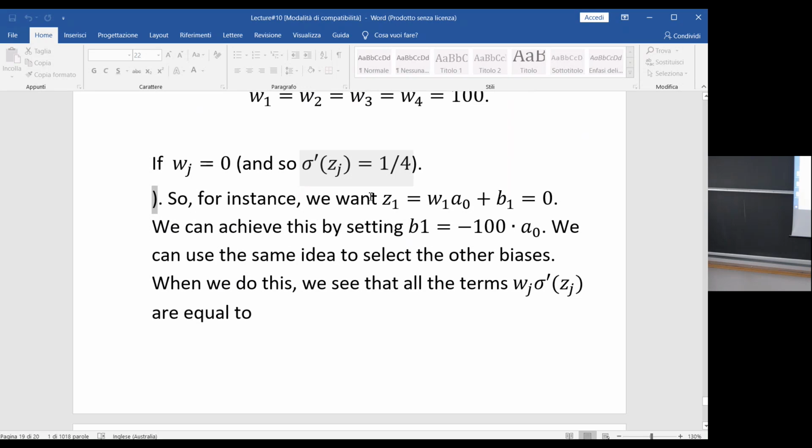So, for example, we want z1 equal to W1 A0 plus B1 to be equal to 0. So we have B1 equal to minus 100 multiplied by A0.